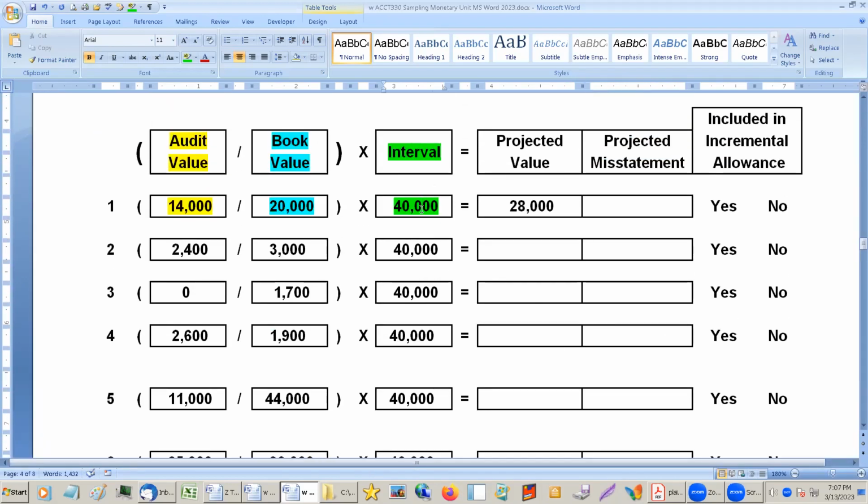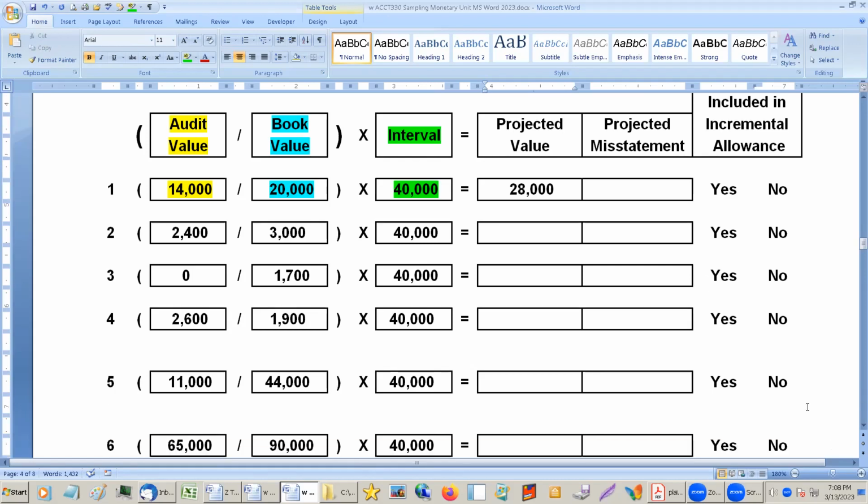So we're saying of this sample, this chunk of it is 40,000, and the projected value of that is 28,000. So what's going to be the misstatement? 12,000. Yep. So projected misstatement is going to be 12,000.